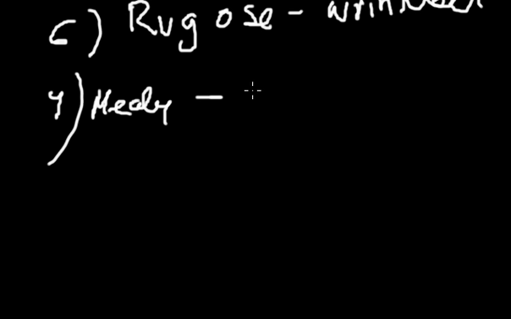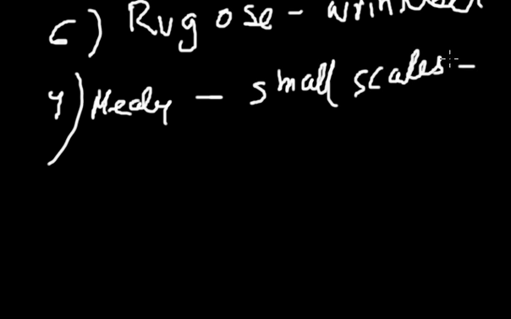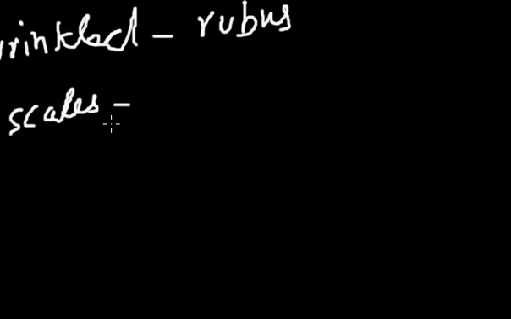Here mealy means that the leaf surface has small scales on it, so it looks like having small scales, and that's the meaning of it.